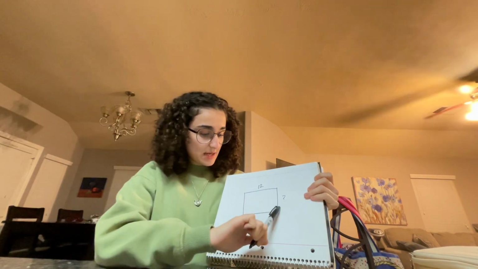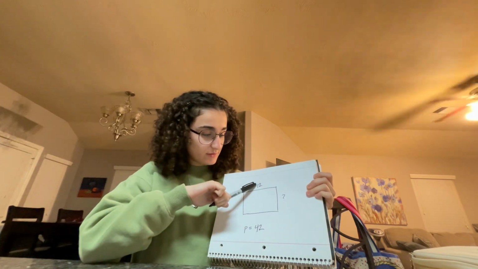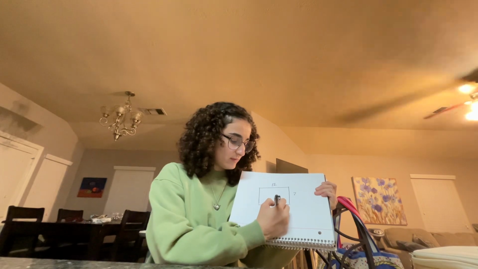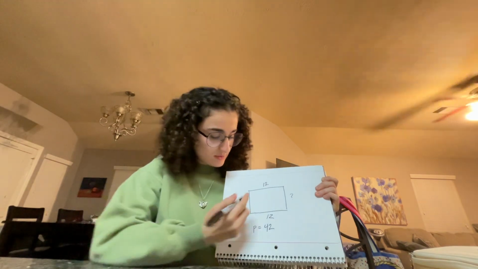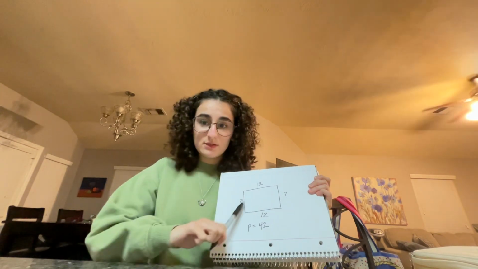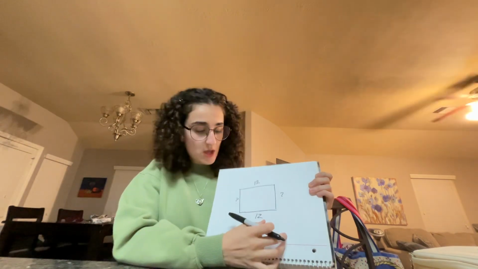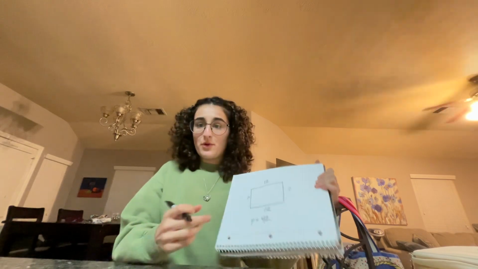So if this is a rectangle, and this up here is 12, what do we know this down here would be? This would also be 12, right? And so we're trying to figure out what these two would be. They're the same number because it's a rectangle. So how do we find perimeter again? Remind me.